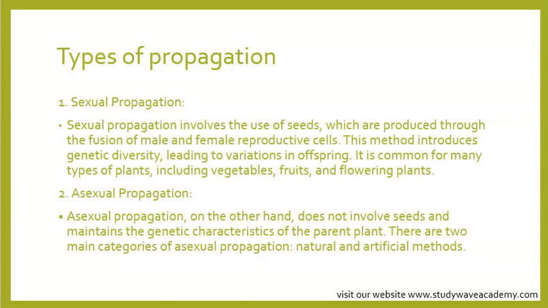The embryo inside the seed begins to develop roots and shoots. As the seedling grows, it develops into a mature plant. The plant may eventually produce its own flowers, starting the cycle over again. Do we understand?